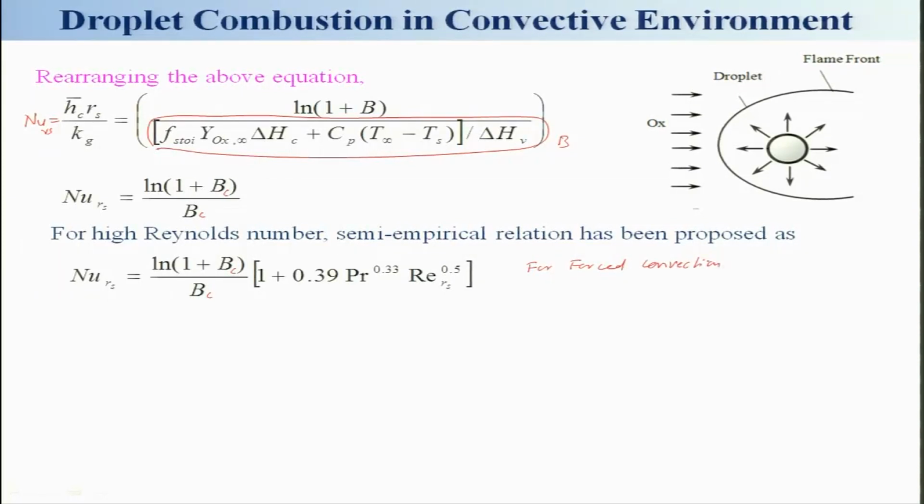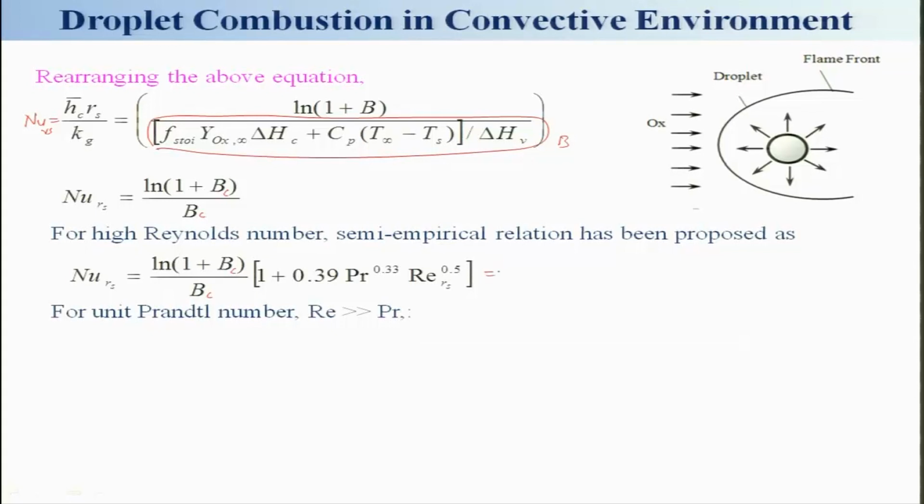And if you want to deal with natural convection, you can express it in terms of Grashof number, and we will not be discussing that. Now, if I say that this Reynolds number is much larger than the Prandtl number, you will see that this expression can be simplified further.